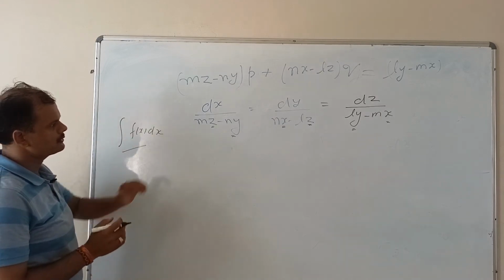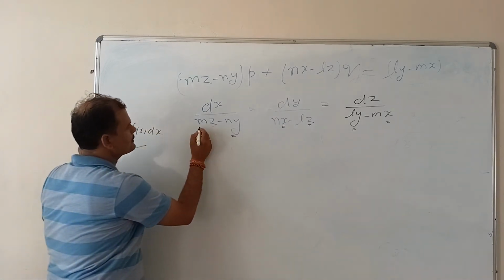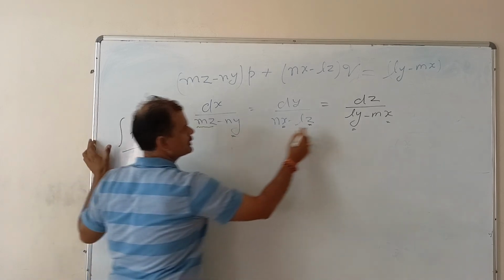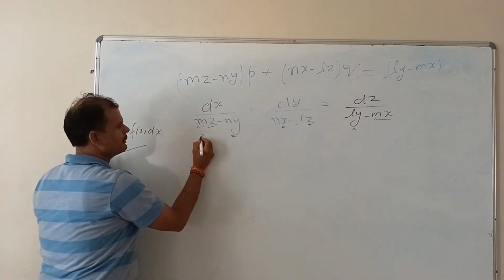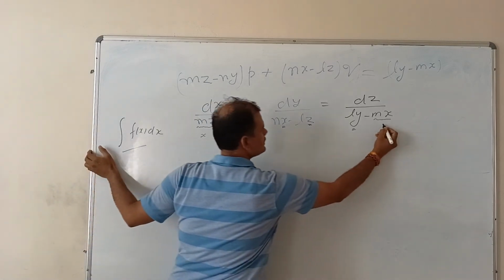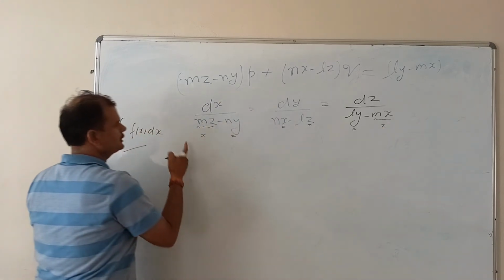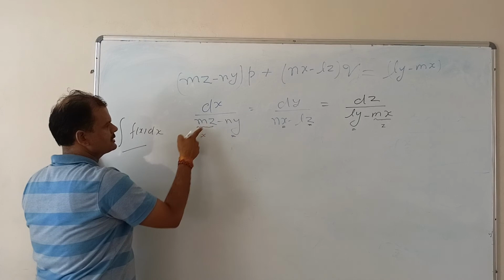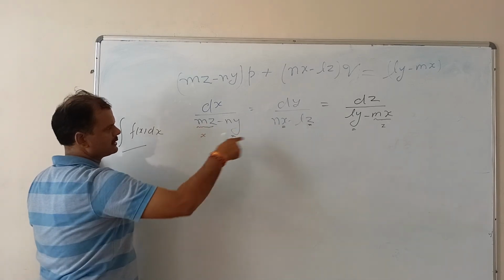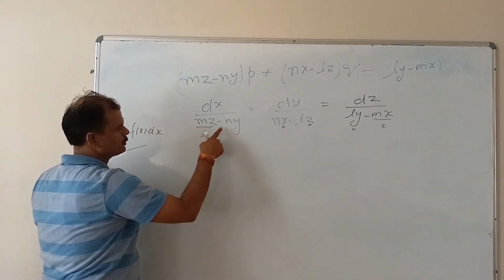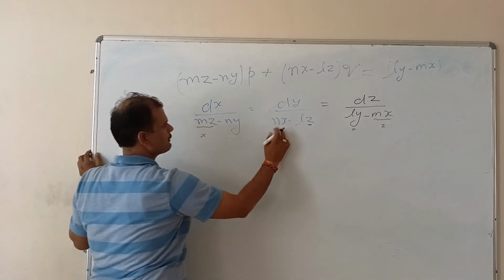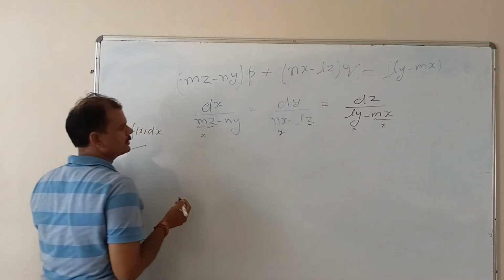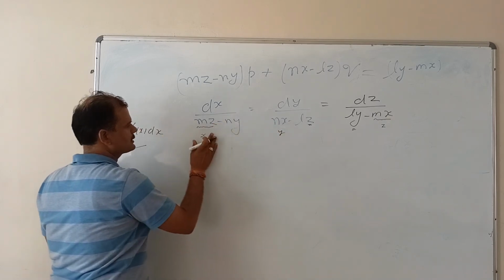What is the multiplier method? You see, here we have mz, and here we have mx. So if I multiply by x here and by z here, what will happen? mzx cancels, and I multiply by x here, so nxy we have. Here we can have y. So all will cancel.